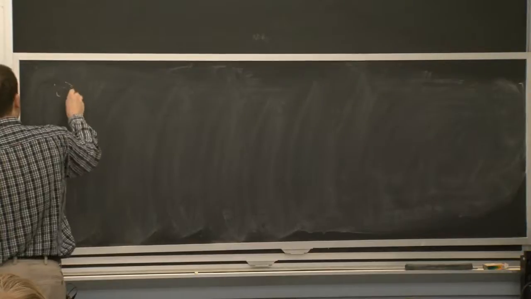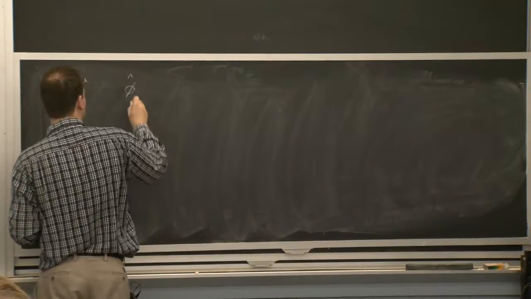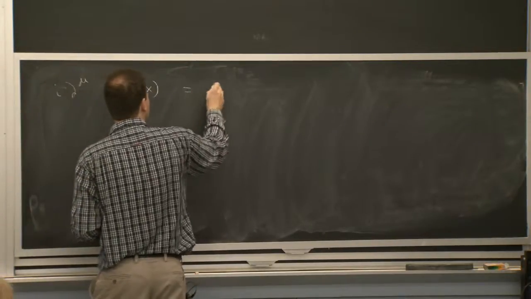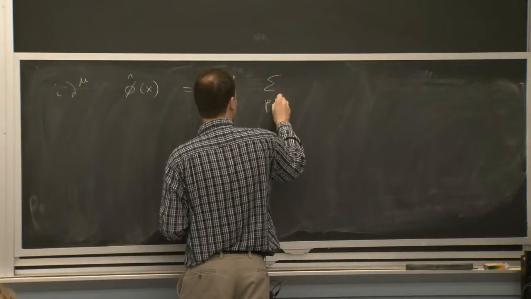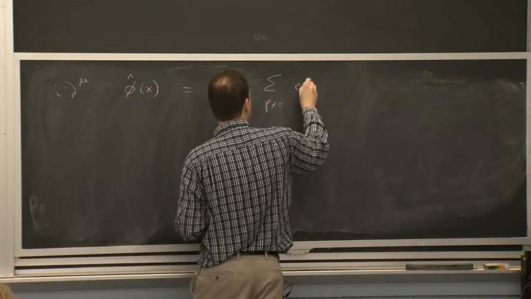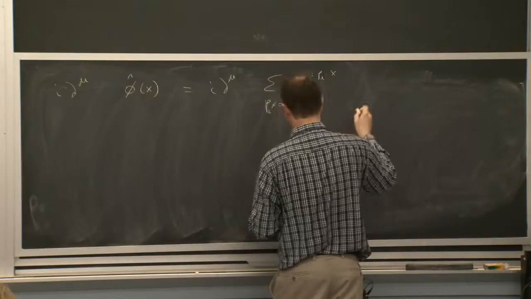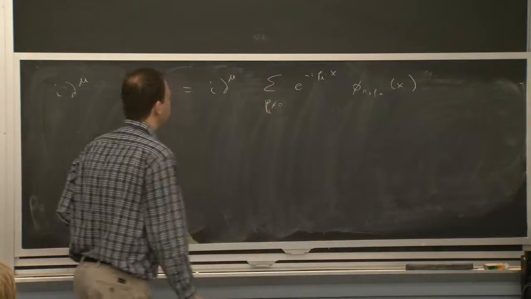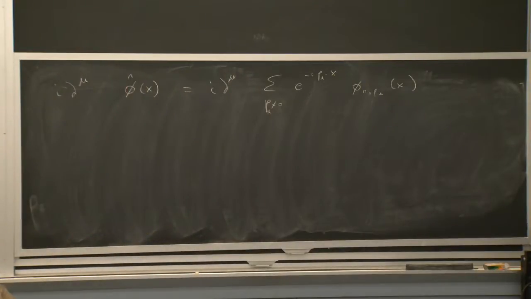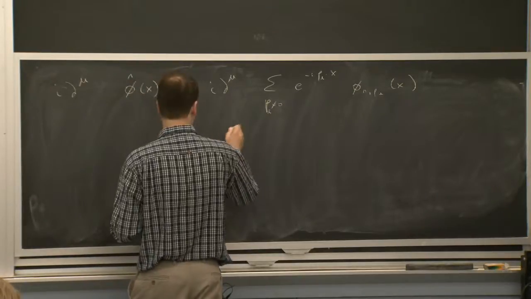So if we started with some regular partial derivative, and it was acting on one of our hatted fields, and I write it out in terms of the labels, put a P_L on it, we'd have that. There are two contributions from this derivative: it either hits the phase or it hits the field.